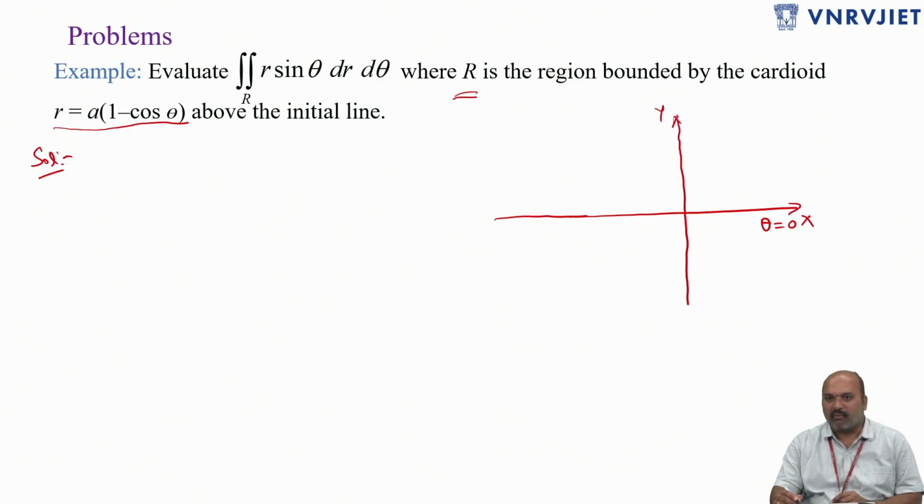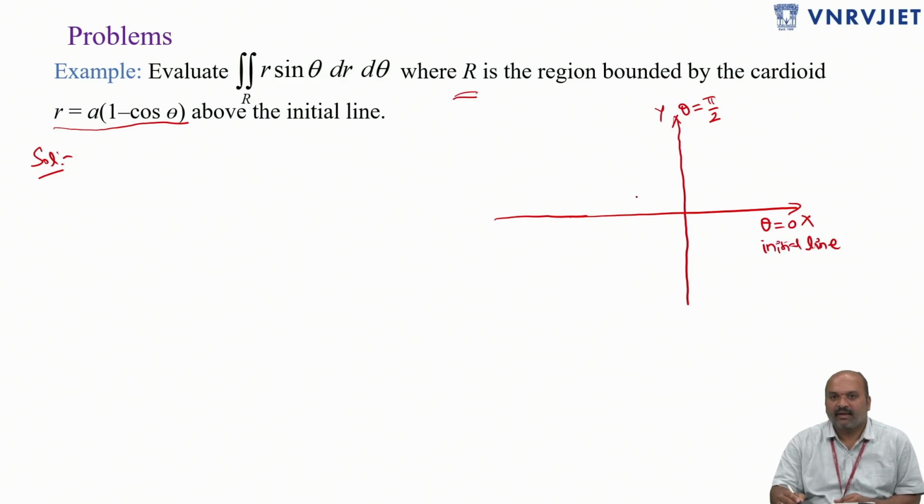Angle. So the y-axis makes an angle of 90 degrees with the positive direction of x-axis. So this is the line theta is equals to pi by 2. Remember that? Okay. r is equals to constant represents a circle in polar coordinates, whereas theta is equals to constant represents a straight line in polar coordinates. So theta equals to 0 is the initial line. This is called the initial line.